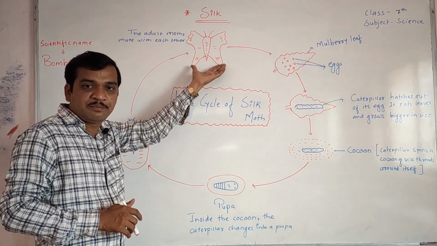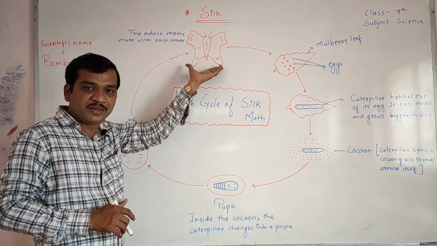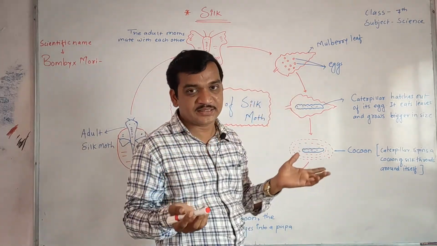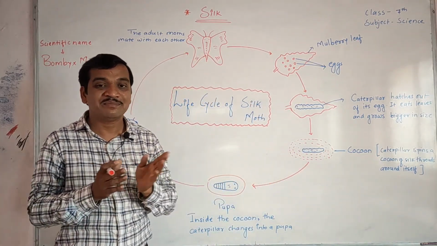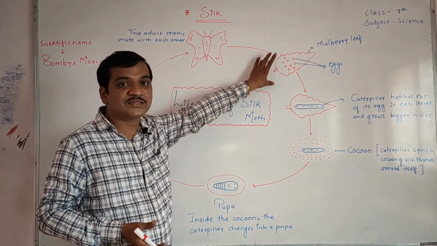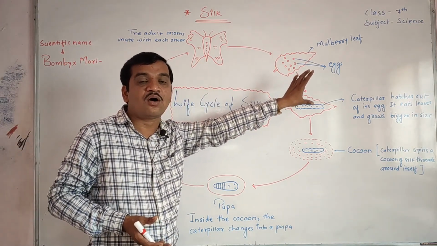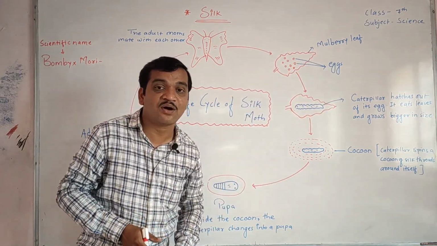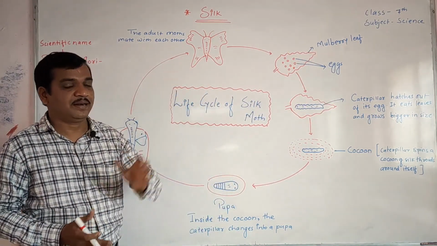After the mating, the female lays hundreds of eggs on the leaves of the mulberry plant.